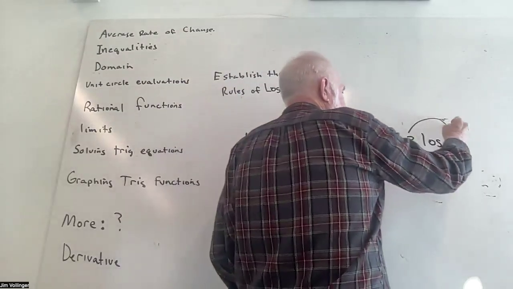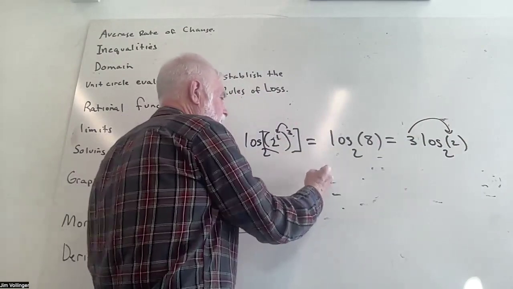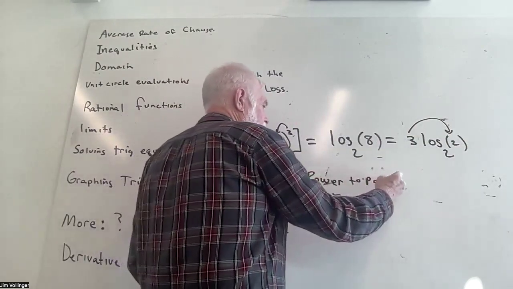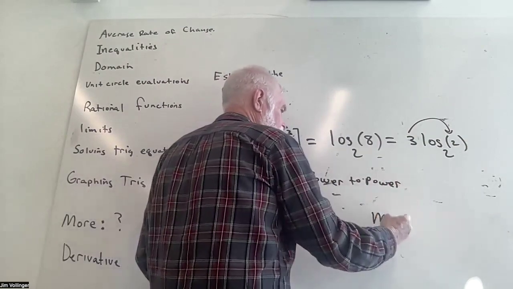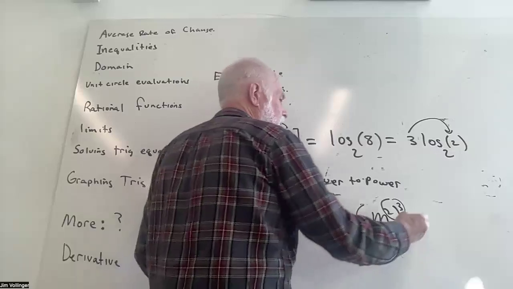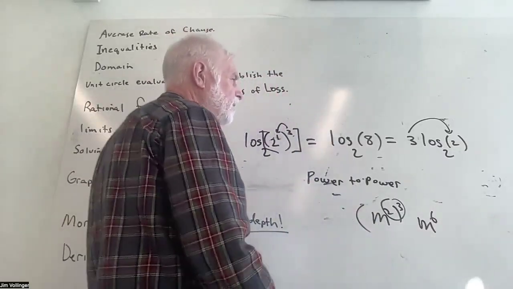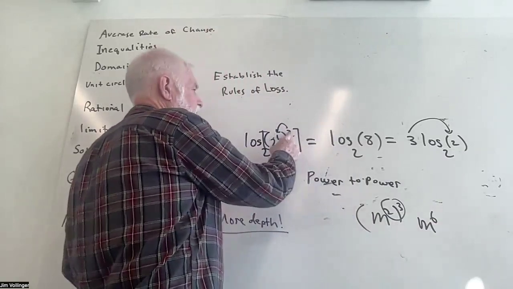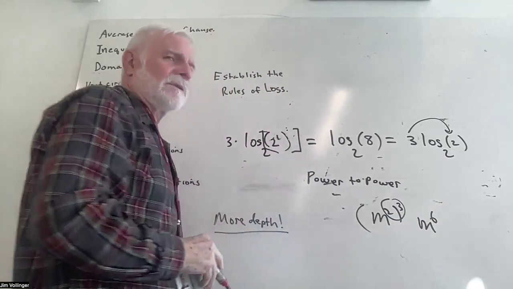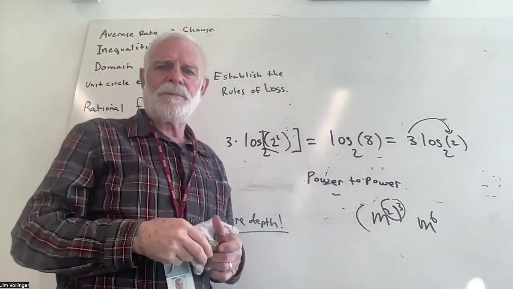Well, here's that 3 times 1. And what do I refer to this as? Power to power. You're more familiar with m squared to the third. What's that power to power? M to the sixth. Okay, so what can I do with a problem like this? I can take the 3, and I know that it's the same as that. And so we'll be covering the rules of logarithms, starting up with that.